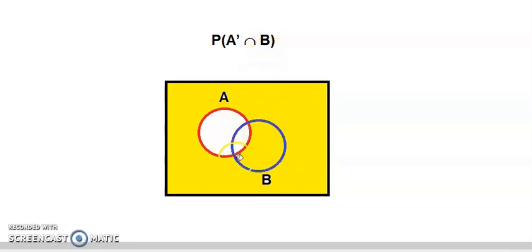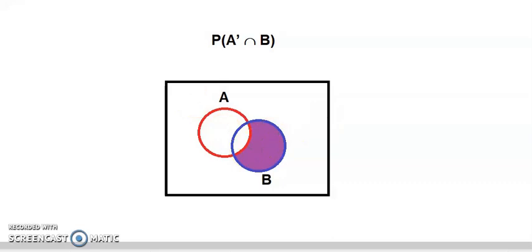This is B. So where is the overlap area of A prime and B? This part. That is area A prime intersect B. So the purple area here is the area that we want to find.